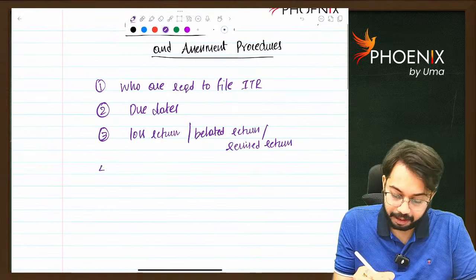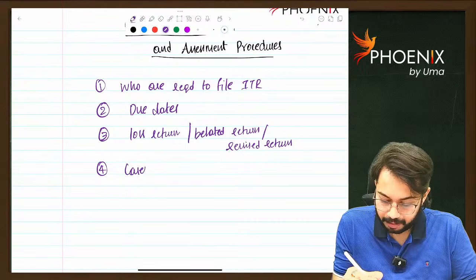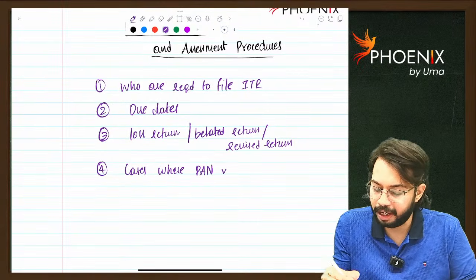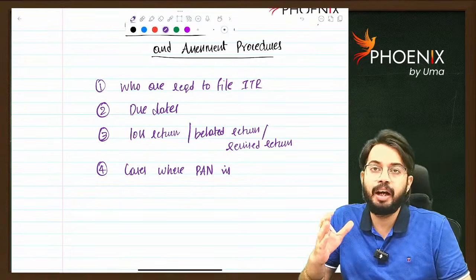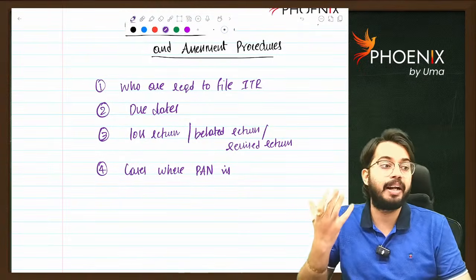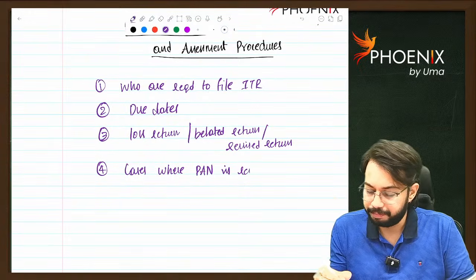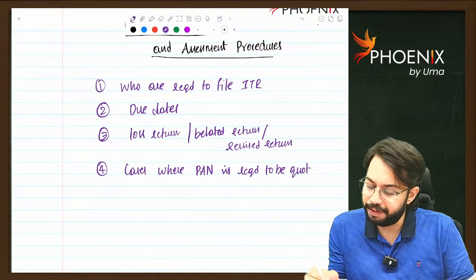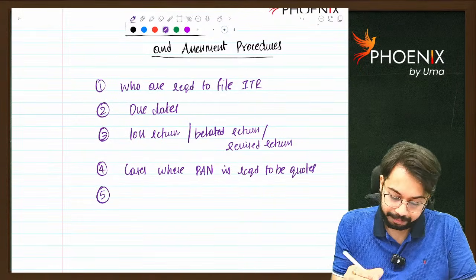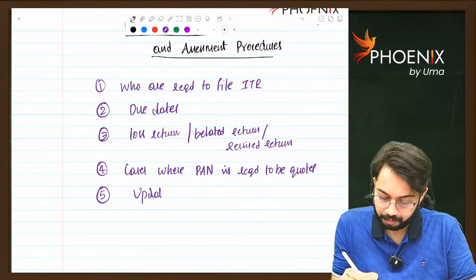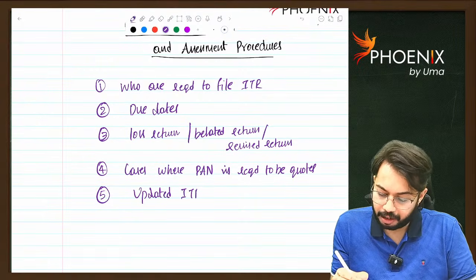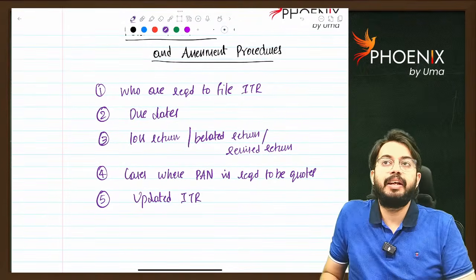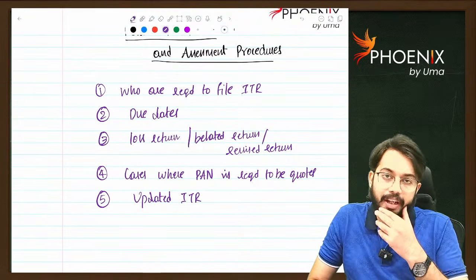Then I will cover cases where PAN is required to be quoted. Very, very important. Many times in MCQs, the question is being asked where PAN is required to be quoted. Next, I will discuss with you about updated ITR. It's also called as ITR-U. So all these topics I will revise from return of income chapter.